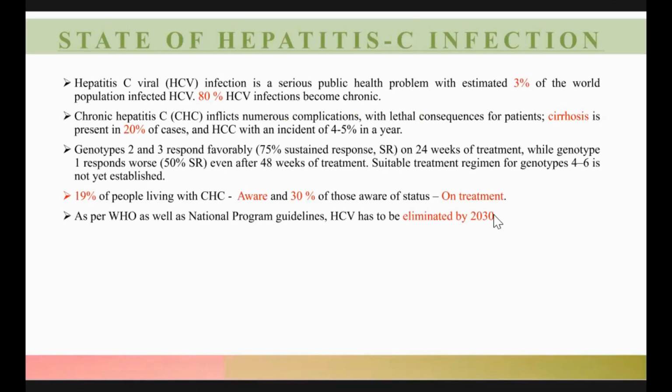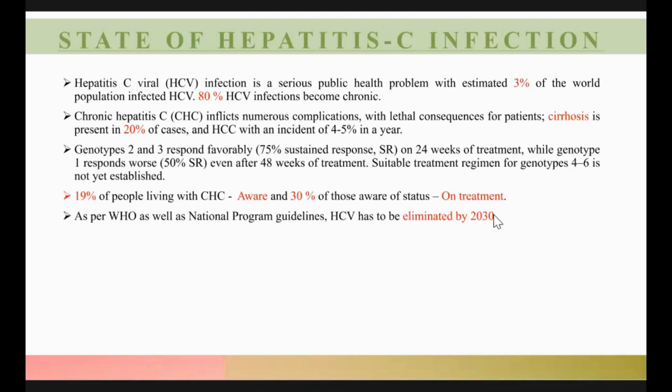And so I will just introduce to you the state of HCV infection across the globe. Around 3% of the world population is currently infected with HCV, and out of that, around 80% have actually chronic HCV with them. Now, out of that, around 20% is actually suffering from cirrhosis of the liver.